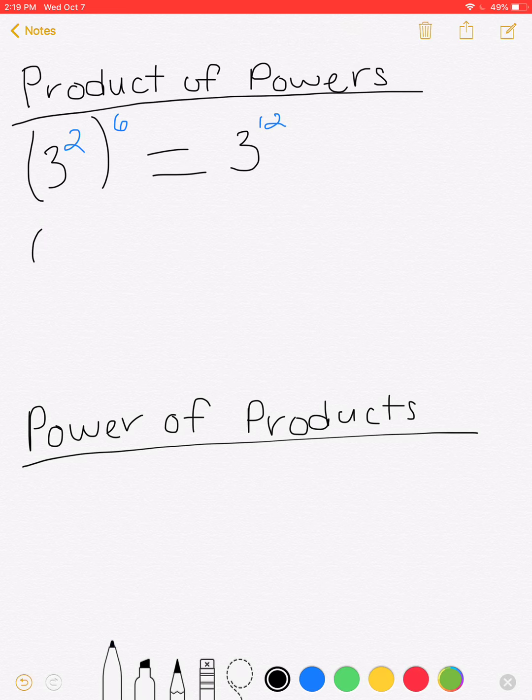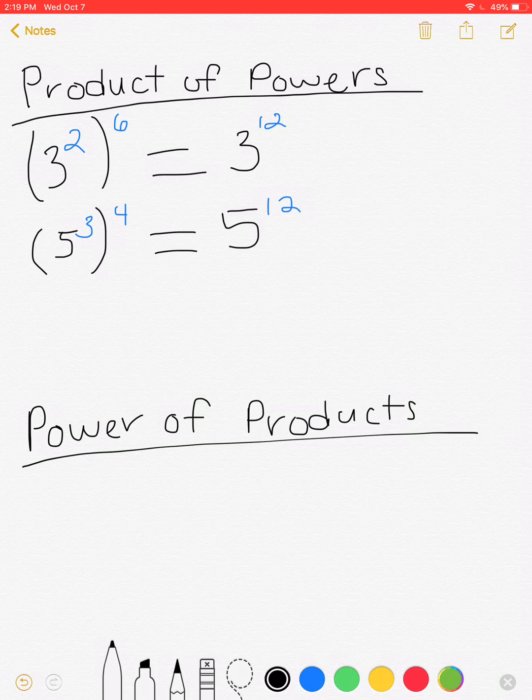Let's do 5 to the third, and then let's raise it to the 4th power. Again, we're going to keep our base number 5, and then we are going to multiply our two exponents together. So 3 times 4 is 12. I actually didn't mean to do it that way where it's the same, but either way, it doesn't matter if the exponent is 12 or whatever it is, it still works.